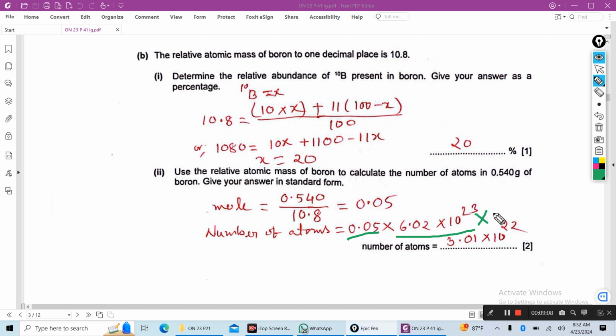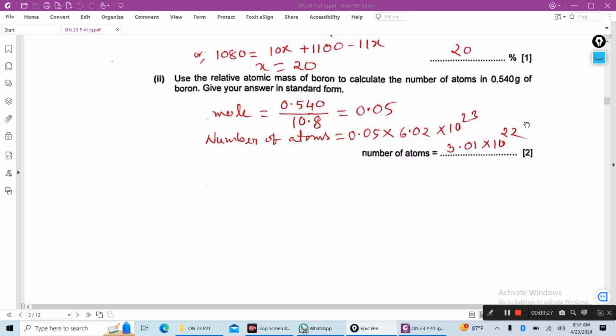As boron is 1 atom, multiply by 1. So if you calculate, you get 3.01 times 10 to the power 23 atoms. You will get the number of moles times the Avogadro constant, and you will get the answer.